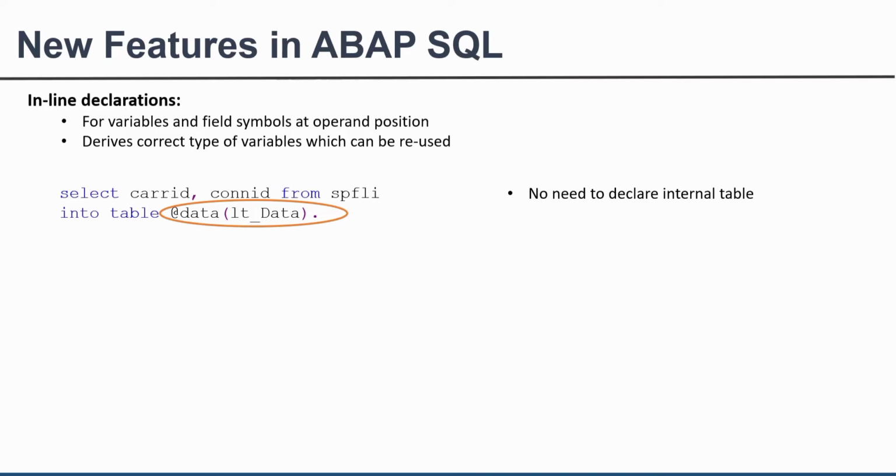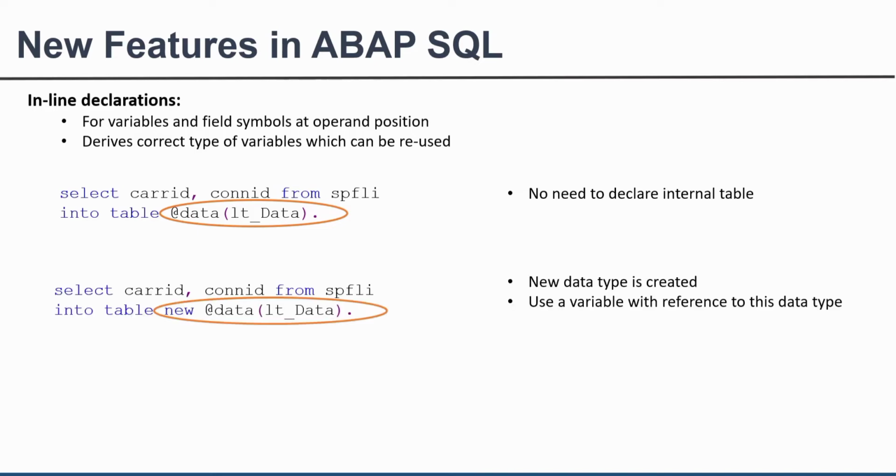However, if you are using the lt_data internal table, it cannot be used as a type. For example, if I want to declare another variable of type lt_data or a type reference to lt_data, it is not possible in this case. So SAP has introduced another syntax for inline declaration.